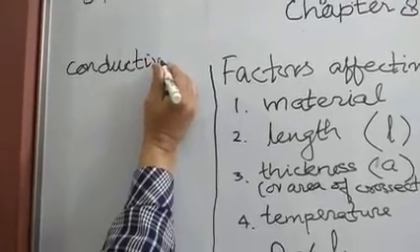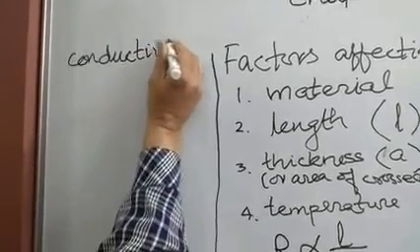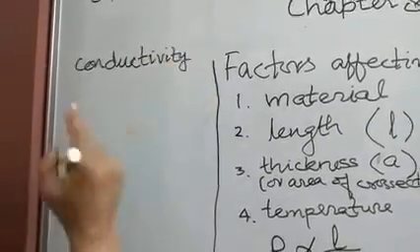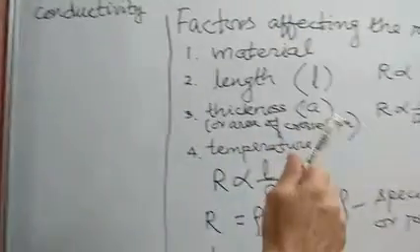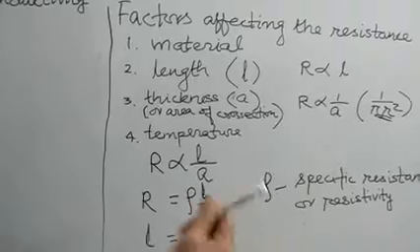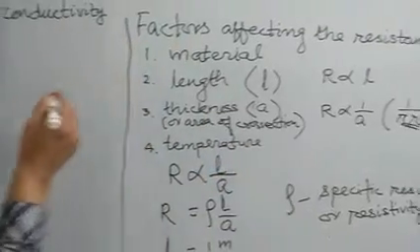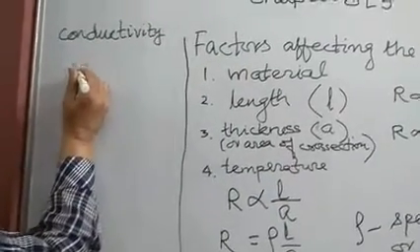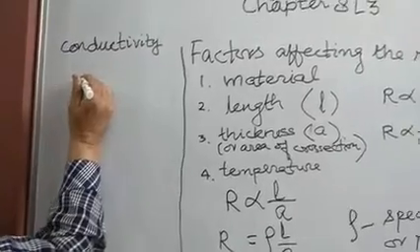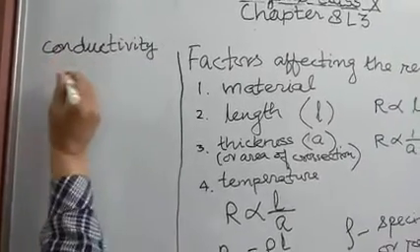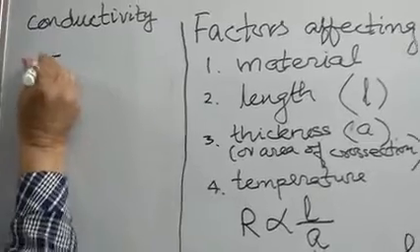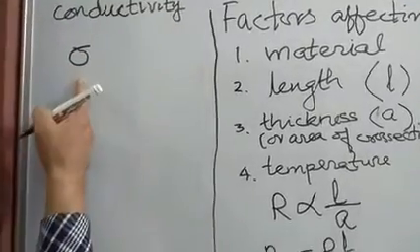conductivity. You already know conductivity means ease of flowing of current. Resistance is opposite of flowing current. It opposes the current. Conductivity will be the reverse of that. That means this term conductivity is represented by this letter, which is sigma.